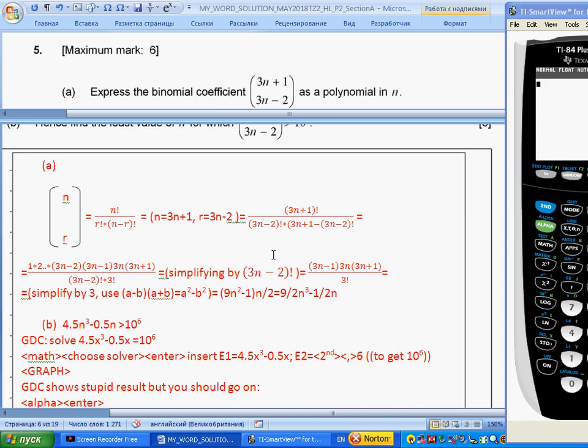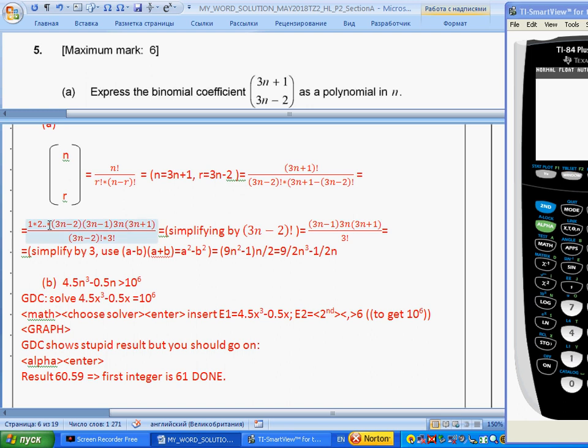Here we see that we have 3n minus 2 factorial inside of the upper factorial. So I want to show that it is inside, and also add the last 3 terms. So I can simplify these terms with this factorial. And be attentive, 3 factorial is 1 times 2 times 3, it is 6. As a result, we get this expression: 9 over 2 n cubed minus half n.